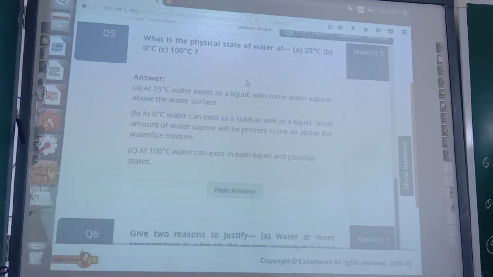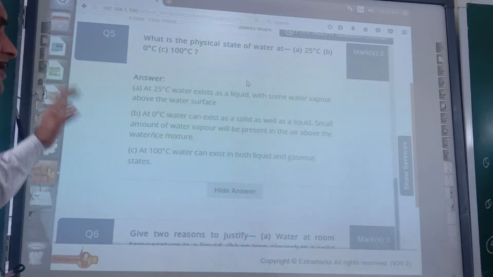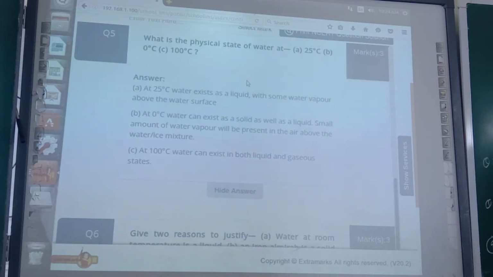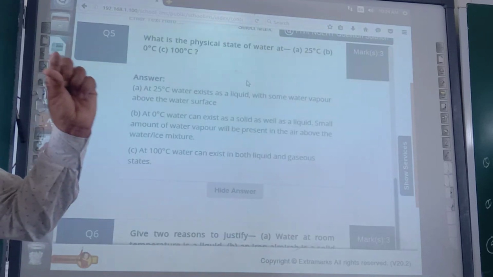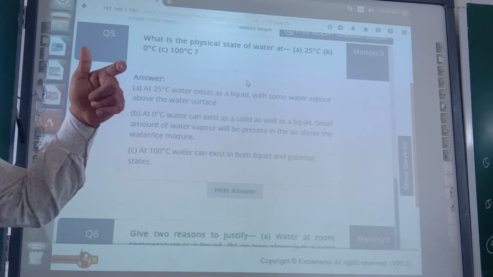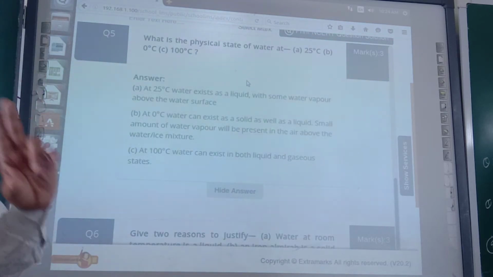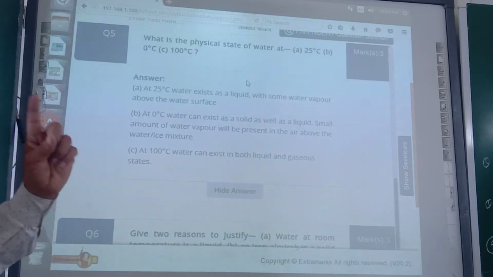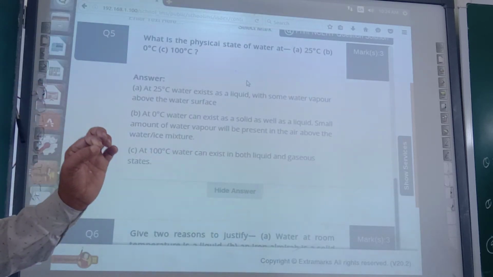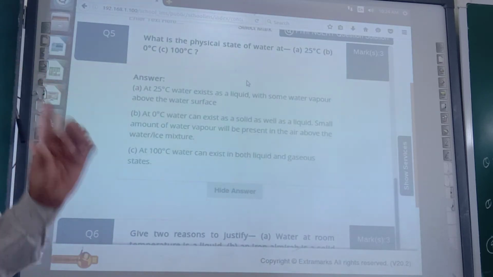Now next temperature is 0 degrees Celsius. So just see. Always remember, at freezing temperature and at boiling temperature, two states of matter coexist. If you are talking of freezing temperature, always remember, solid state and liquid state will coexist.